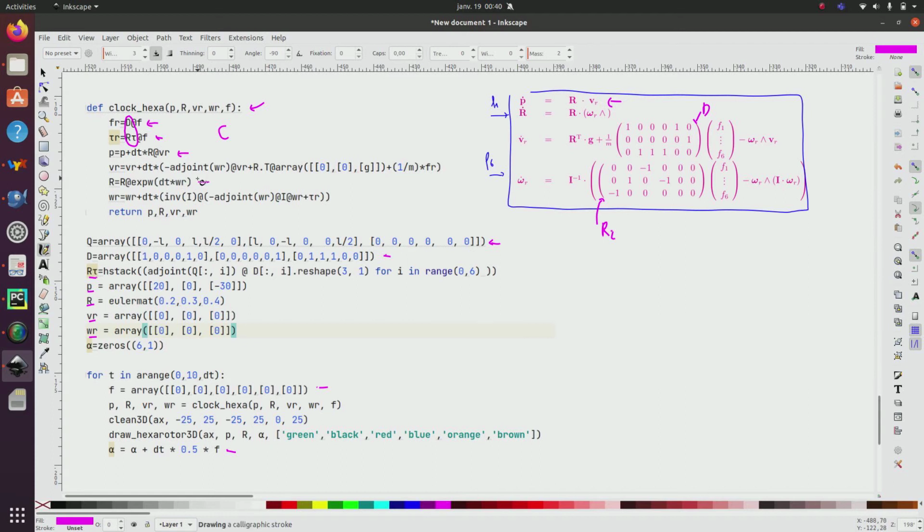Here is the integration we use classically with the exponential for this rotation matrix. And here it's for VR, where J is gravity and is given by 0, 0, and J. And for omega R, the integration is given here, again using an Euler integration formula.